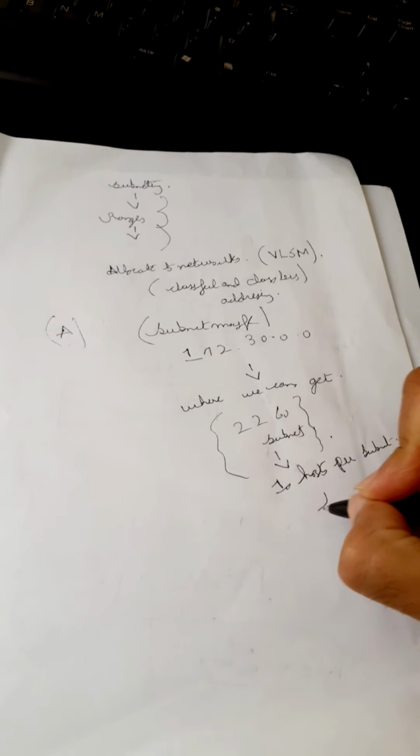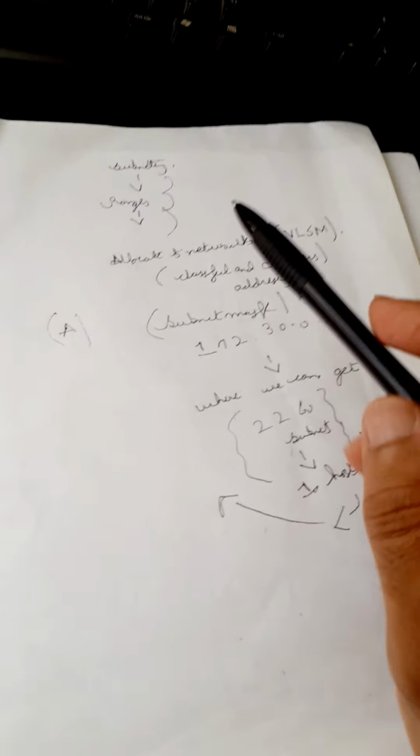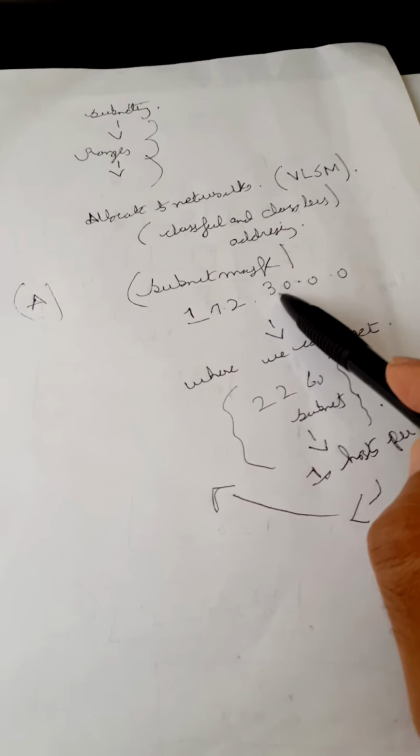In order to save the page, as always, we move on to this side. First let me have a guess. What we are doing is finding a subnet mask in this network that can give us 2,260 subnets and 10 hosts per subnet.